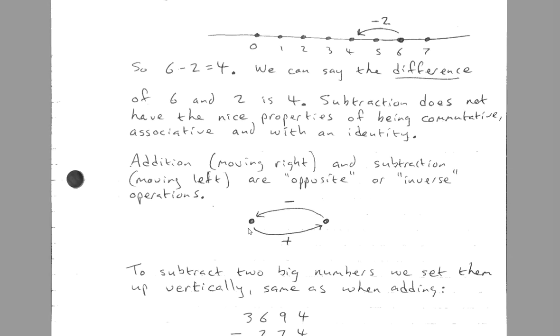If you start with a number and add a number, you get to here, and if you subtract that same number, you'll get back to the beginning. Or if you start with a number, subtract a number, then add the same number, you're back to square one. So we can use that idea.